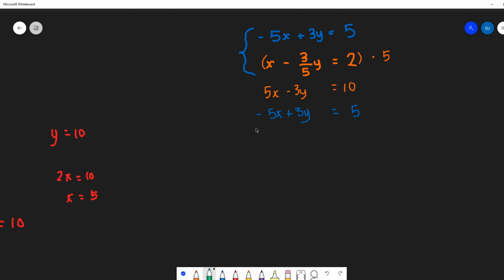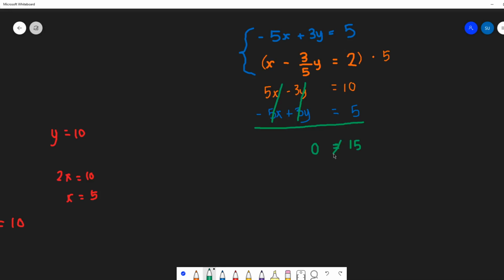Adding these both together, the x becomes eliminated, but then at the same time negative 3y plus 3y is equal to 0, so that becomes eliminated too. So then we're left with 0 on this side, and on the other side we would actually get 15.